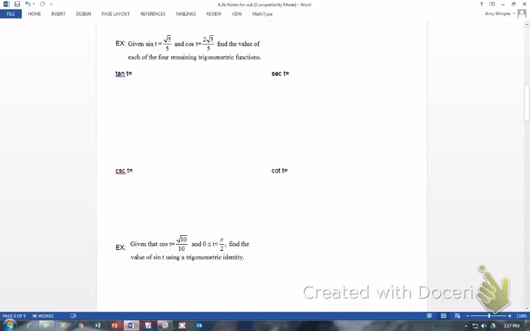In this next example, we're given that the sine of t is radical 5 over 5 and the cosine of t is 2 radical 5 over 5. Well, when we learned the unit circle last class, we learned different values for x's and y's. We also learned that the sine of any value on the unit circle is the y value in the point.